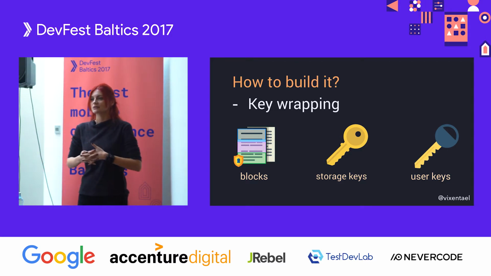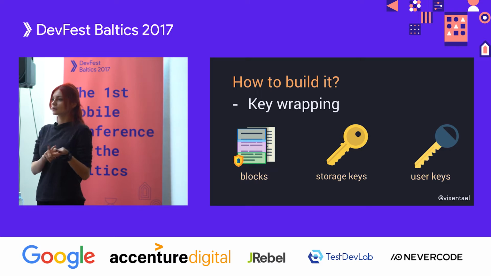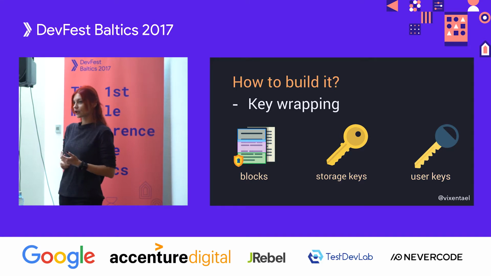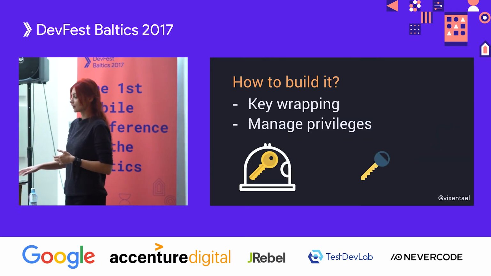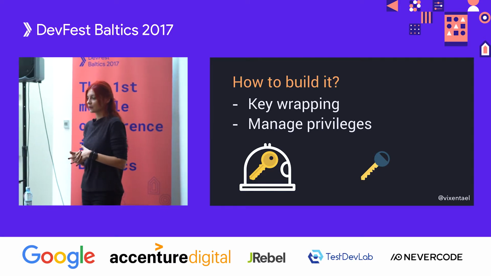How do you build this kind of system, how does it work? As we mentioned before, you should decouple storage keys from access keys and encrypt data using storage keys. Control access by access keys. Put storage keys in containers.